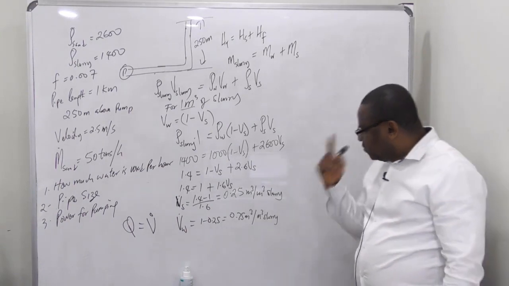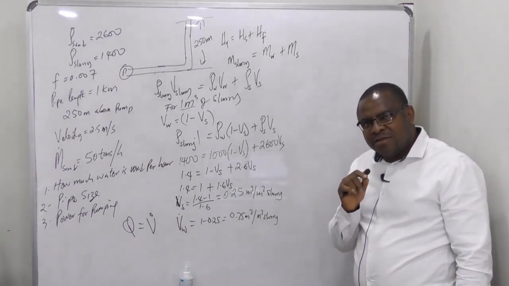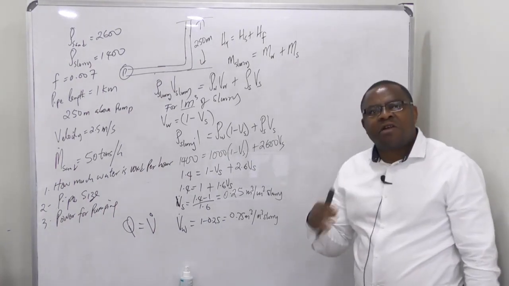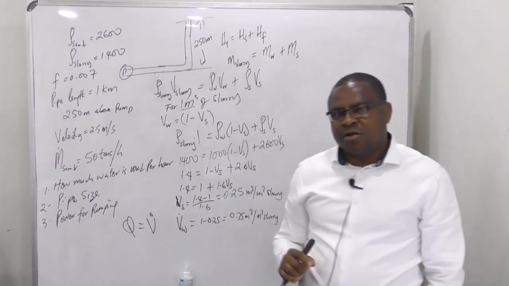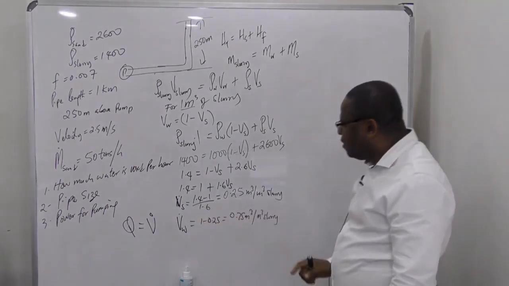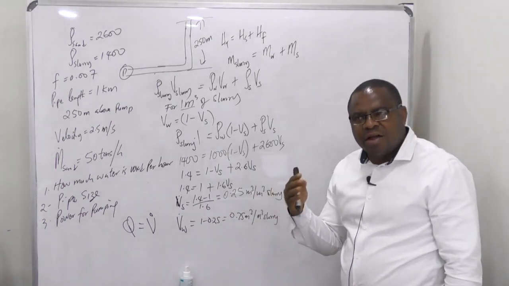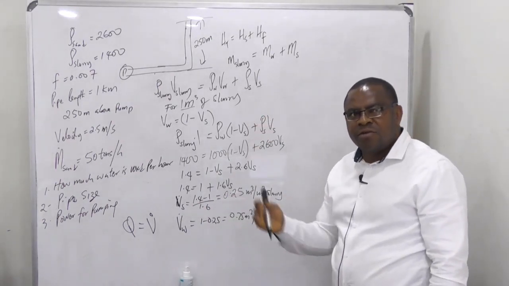So we can easily calculate the mass of sand for 1 meter cube of slurry. Because if I have the volume of sand, what will be the mass? Mass is density times volume.